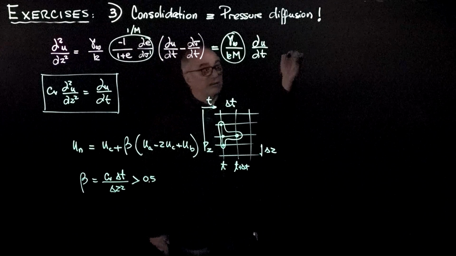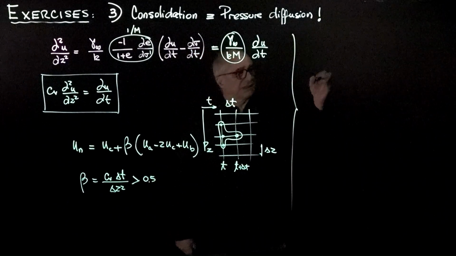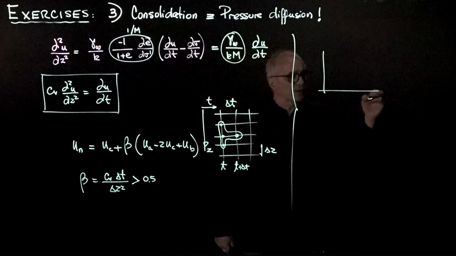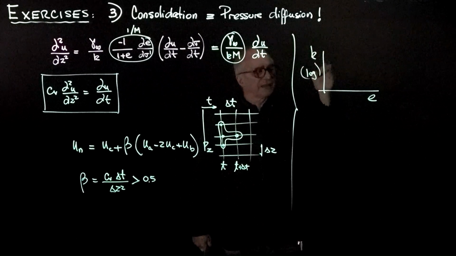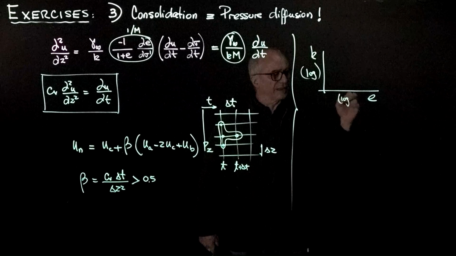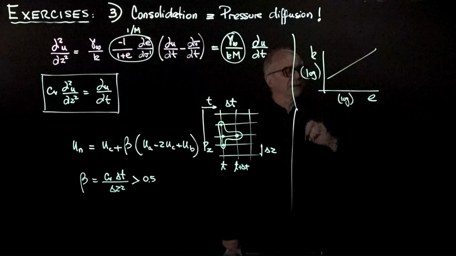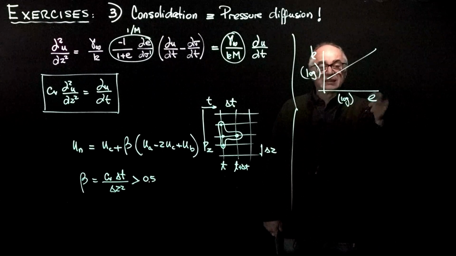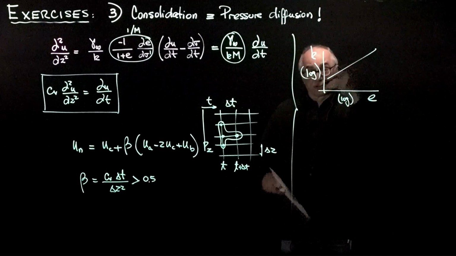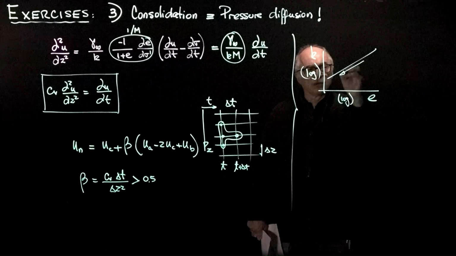In particular, you may remember that the permeability is changing with the void ratio. So if we plot permeability in logarithmic scale and void ratio in logarithmic scale, these are straight lines. And that means that as the void ratio decreases during compaction, the permeability will decrease.